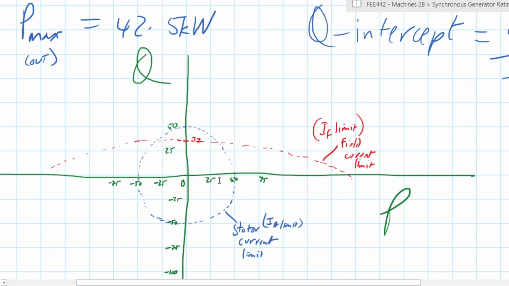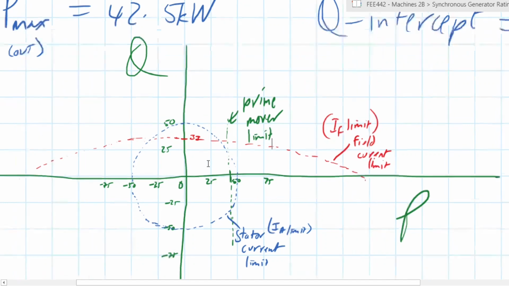So it will be somewhere around here. Let's call it there. And then it will be shown by a straight line along that point. So this is the prime mover limit, right? And there we have drawn our capability curve.